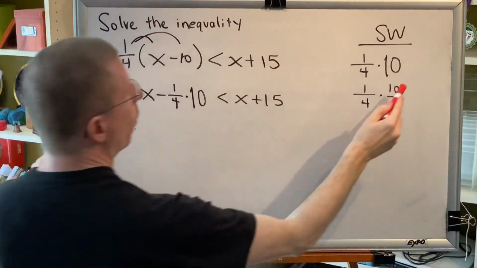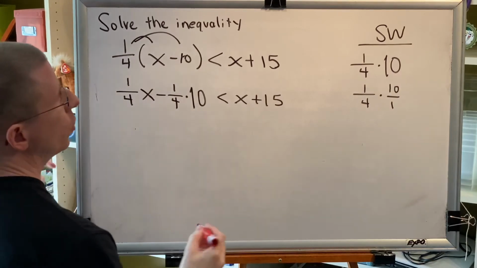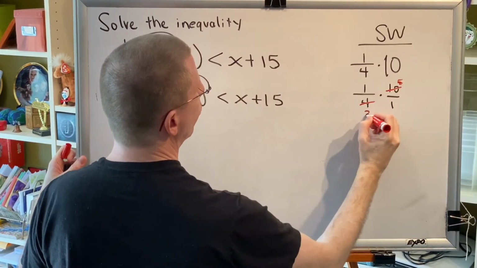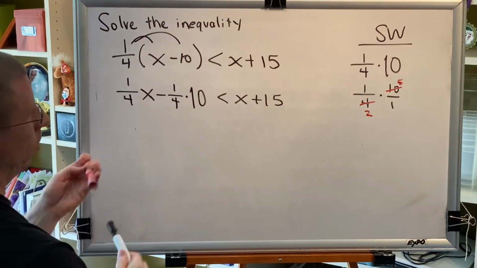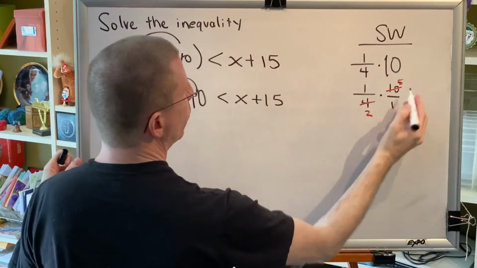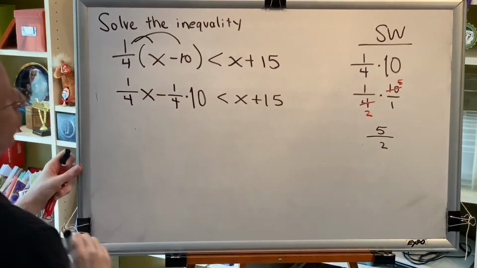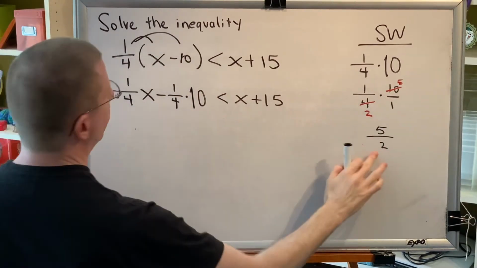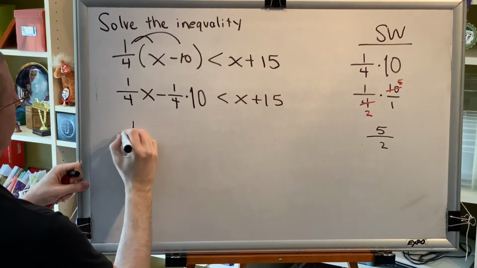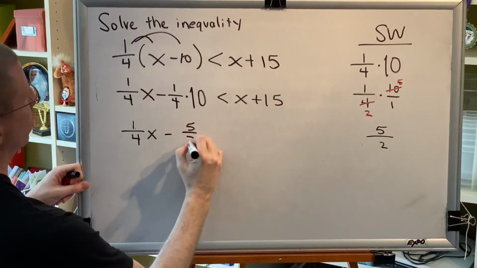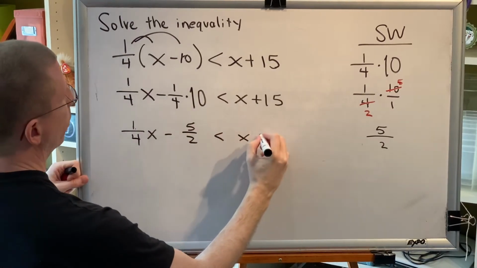Now, 10 and 4 both have a common factor of 2, so we can reduce 10 over 4 to 5 over 2. Then, 1 times 5 is 5, 2 times 1 is 2, so 1/4 times 10 is equal to 5 halves. So we have 1/4 x minus 5 halves is less than x plus 15.